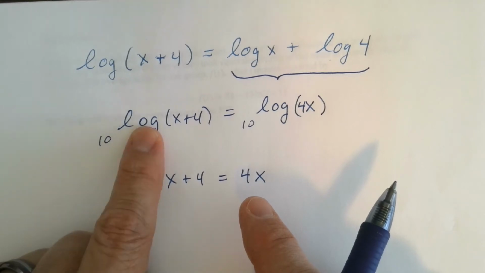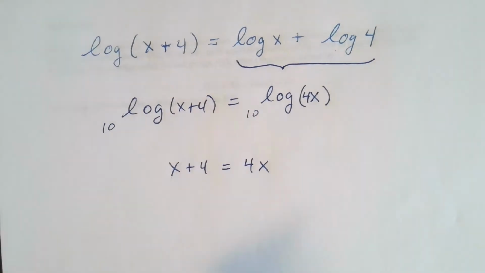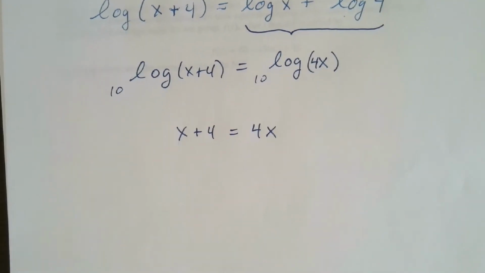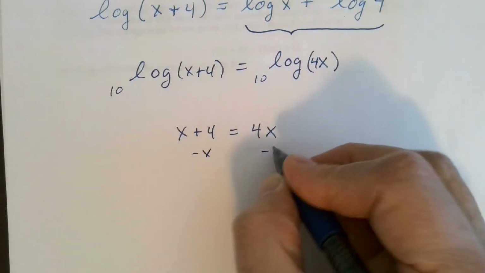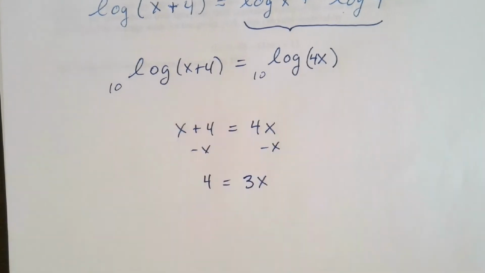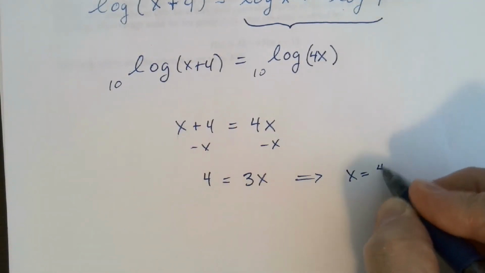Same thing here. And so there we go. X plus 4 is equal to 4x. Can you solve that equation? Yeah. Subtract x from both sides. I get 4 is equal to 4x minus x, which is 3x. And then divide by 3. X is equal to 4/3.